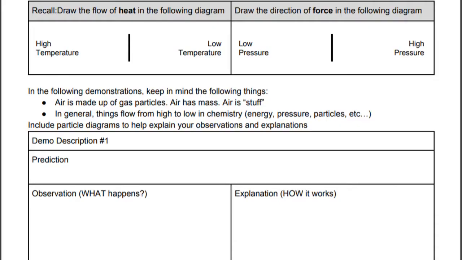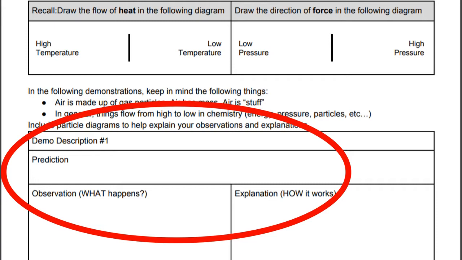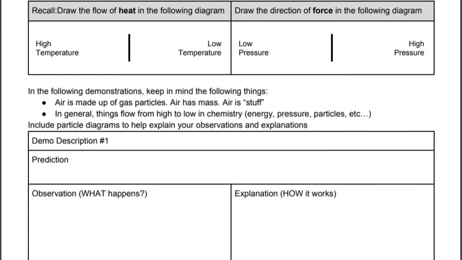Now, what are we going to do? So we have 4 examples, and on your document, you have a description, a prediction, an observation, and an explanation. So when I explain it, I want you to write the description of the event, so you type that out, and then a prediction of what's going to happen, and then we'll go through the example and you'll write your observation.